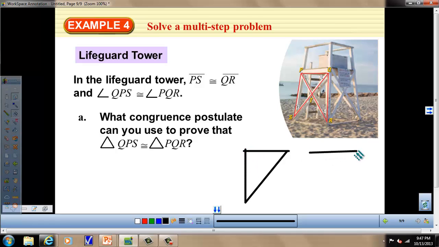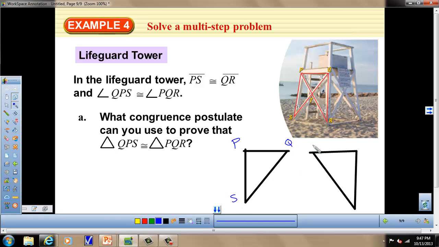So I'm going to draw them. It doesn't have to be perfect, but we know those are the two triangles, and here's P, here's Q, here's S, here's P, here's Q, and here's R.